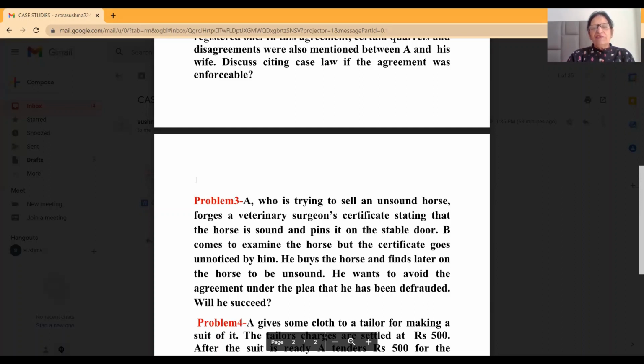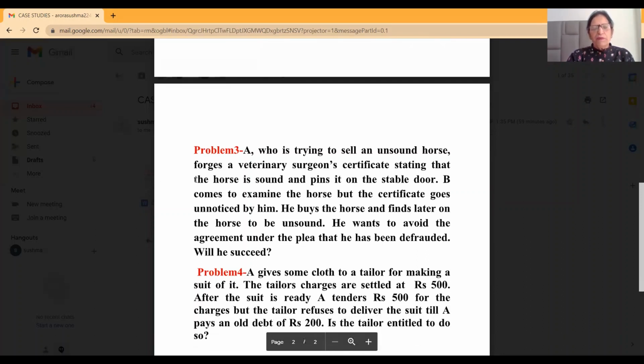A deceit which does not deceive is no fraud. And now in the given problem, when the buyer wants to avoid the agreement under the plea that he has been defrauded, he has not been defrauded. He will not succeed.